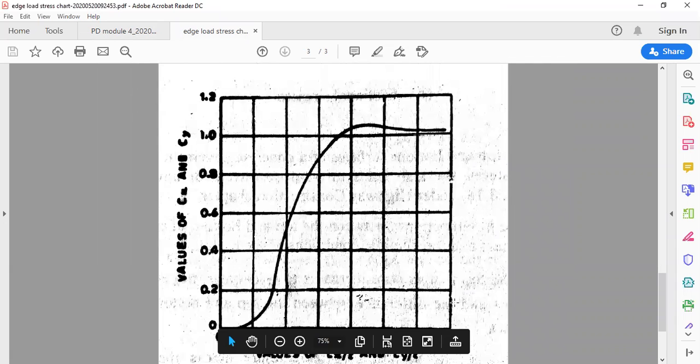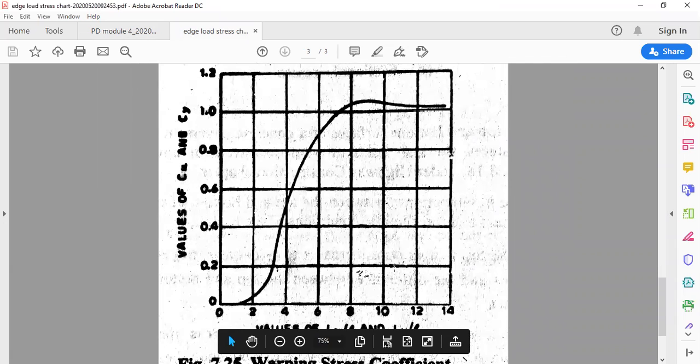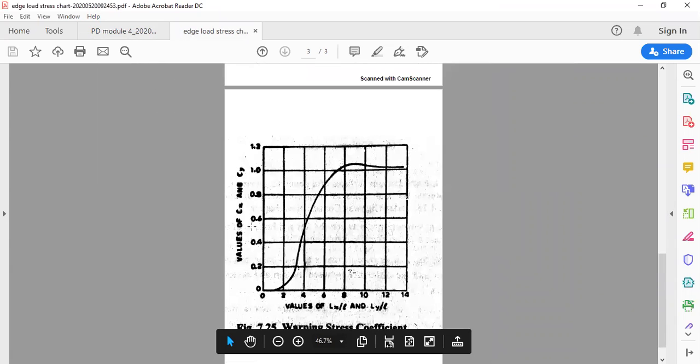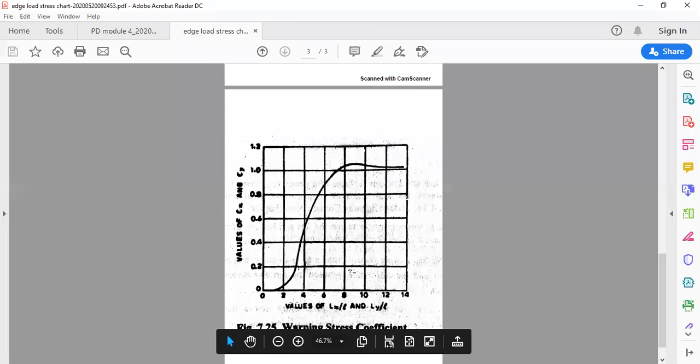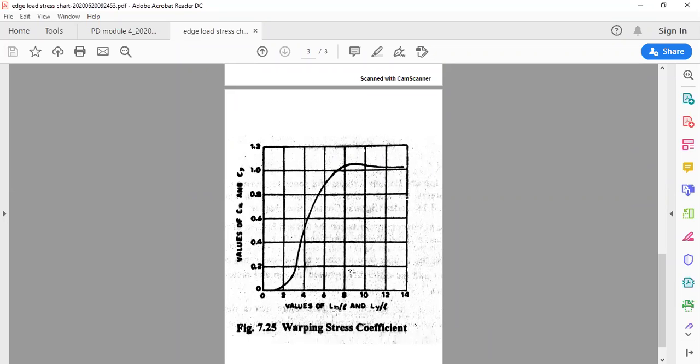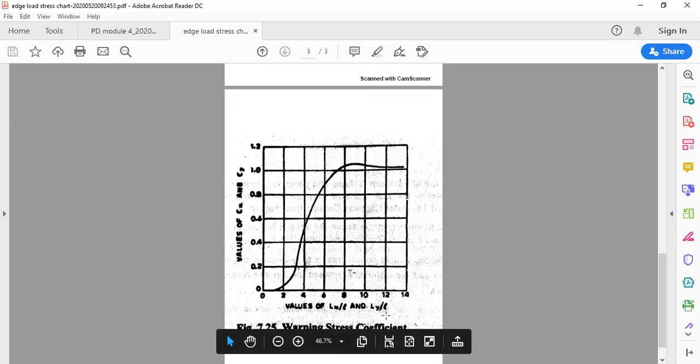The y-axis of this chart represents the values of Cx and Cy, and the x-axis is represented by the values of Lx by l and Ly by l. Here small l is in the denominator and Lx is in the numerator. So we need to find Lx by l and Ly by l.